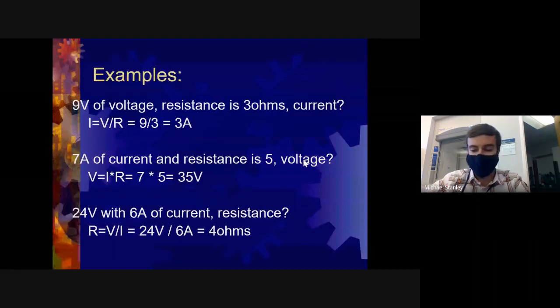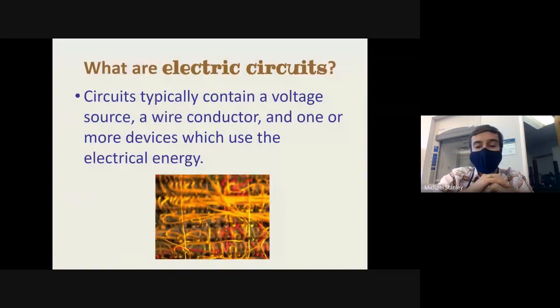All right, very nice. So the very last thing that I wanted to go over with you guys tonight is what exactly are electric circuits. So I've been talking about them in a very general sense, about how we have these wires flowing through these batteries.